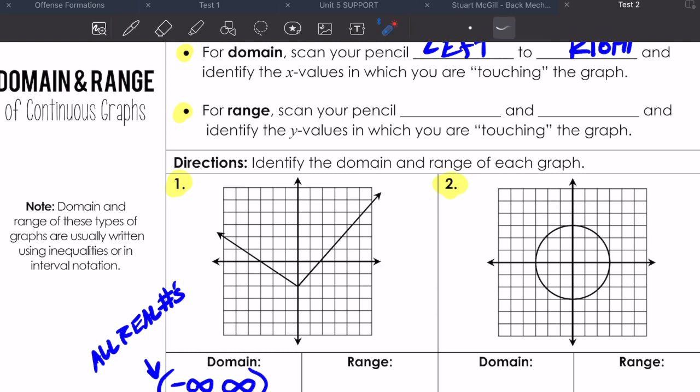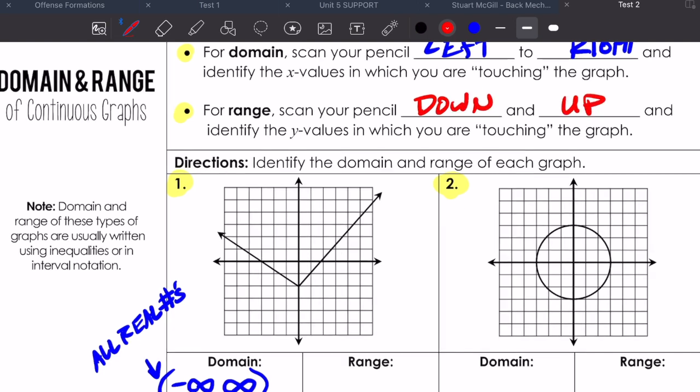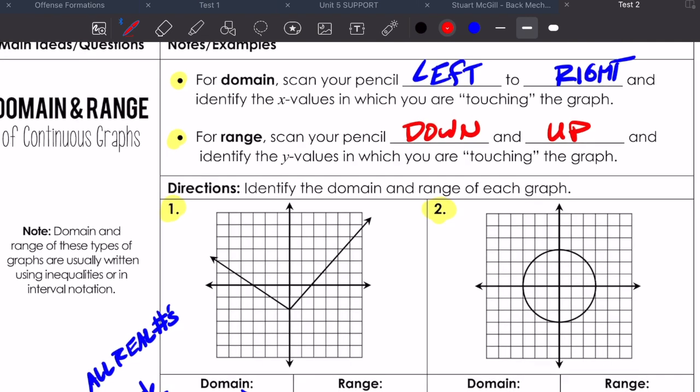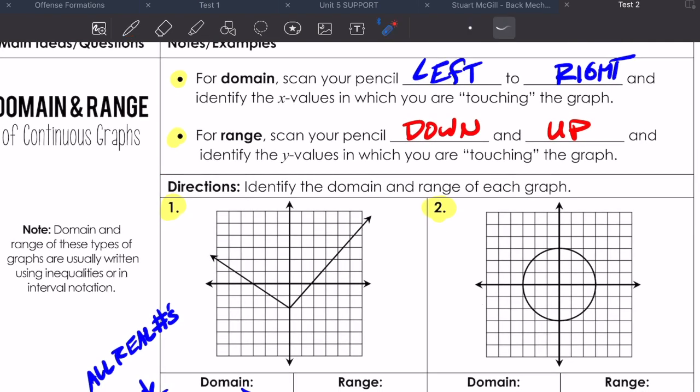Sweet. So range, it says for range, we want to scan our pencil. Range was y values. So we want to scan our pencil down and up and identify all of the y values. Now, the reason why I said down and up in that order is because I told you on the last page to go least to greatest and left to right is least to greatest.